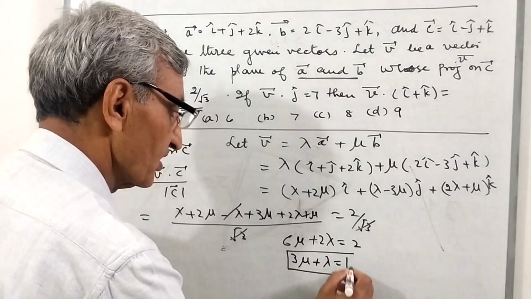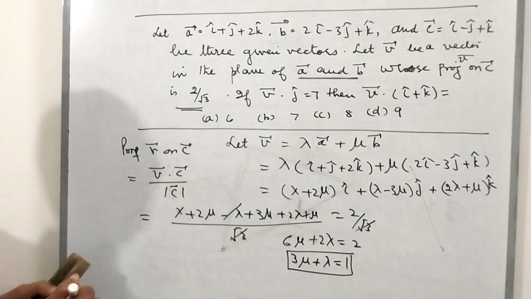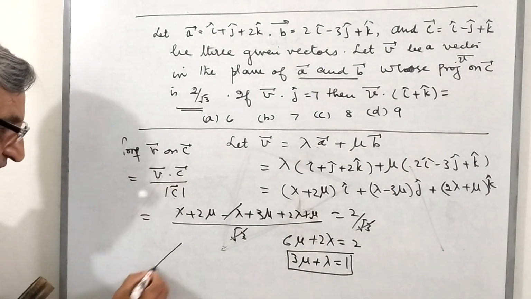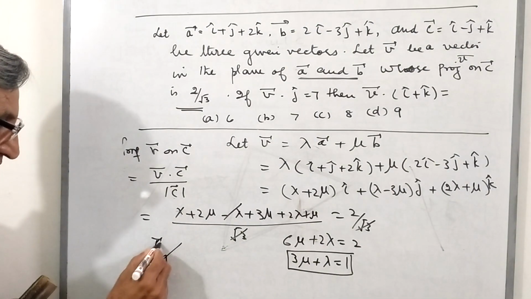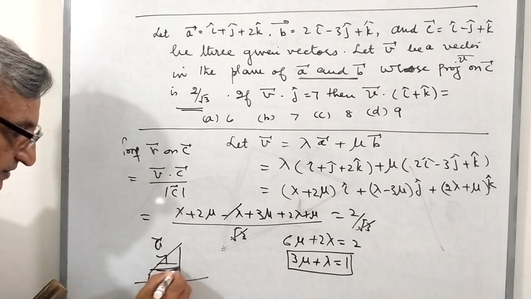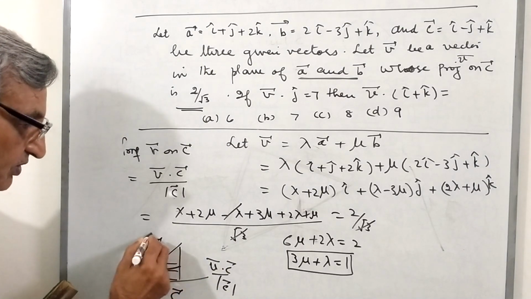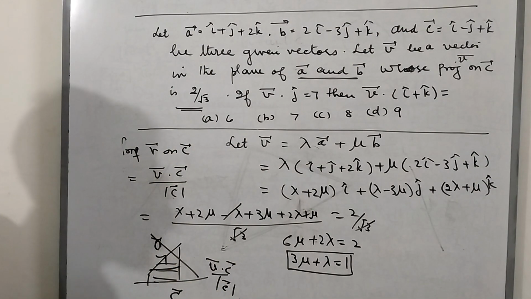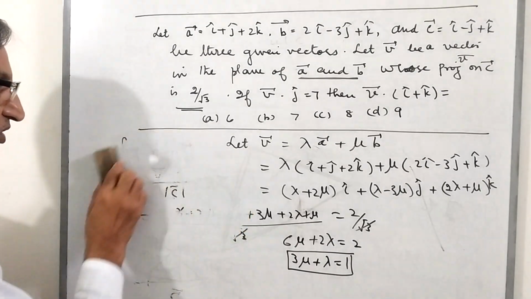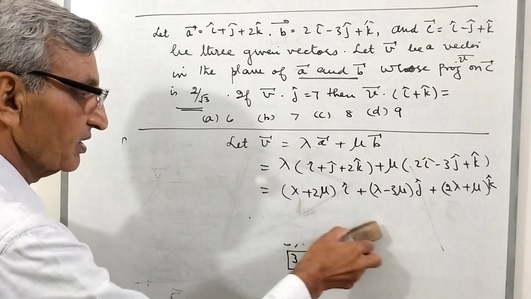This is the one equation involving mu and lambda. It is the one condition, that the projection of V on C is given by V dot C divided by magnitude of C. This is the second concept you should understand. From this equation, I got one equation involving lambda and mu.